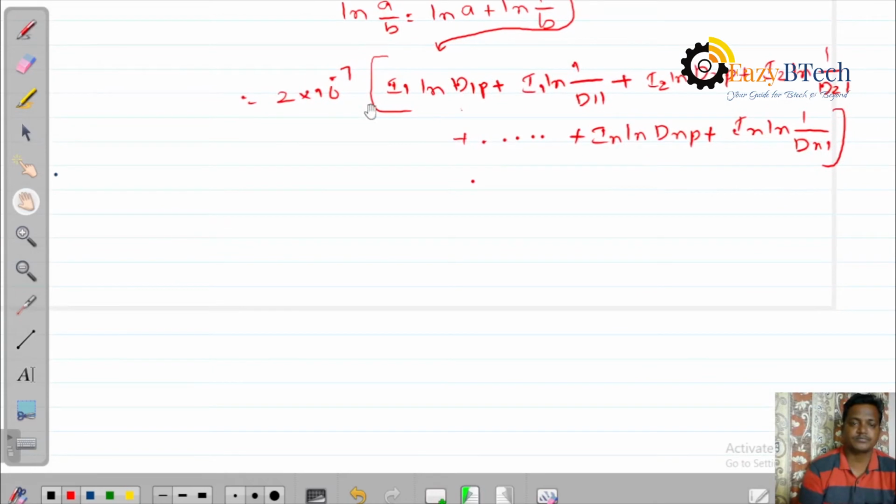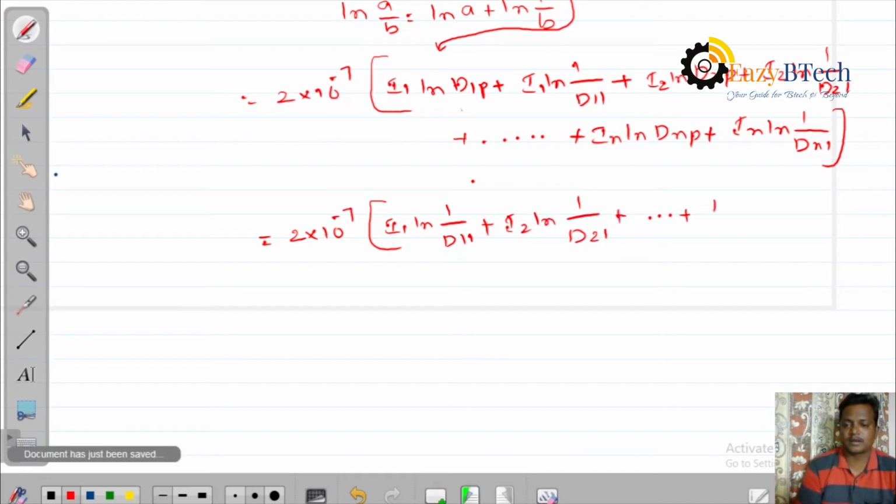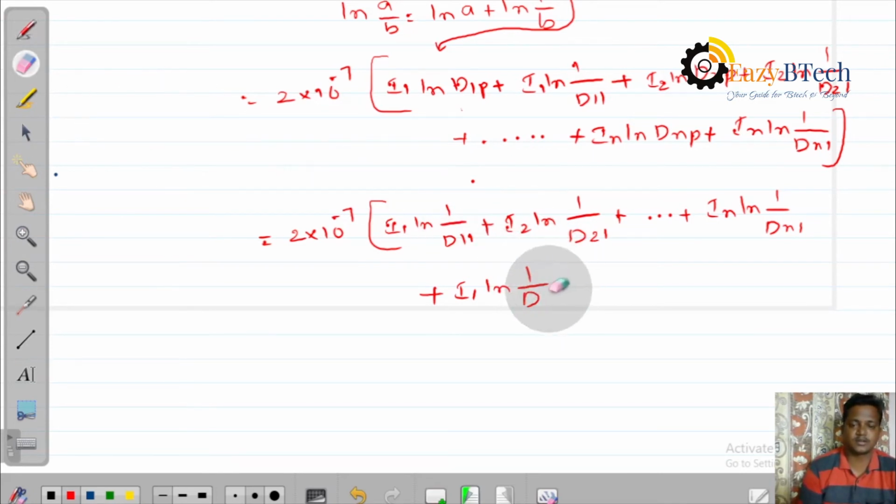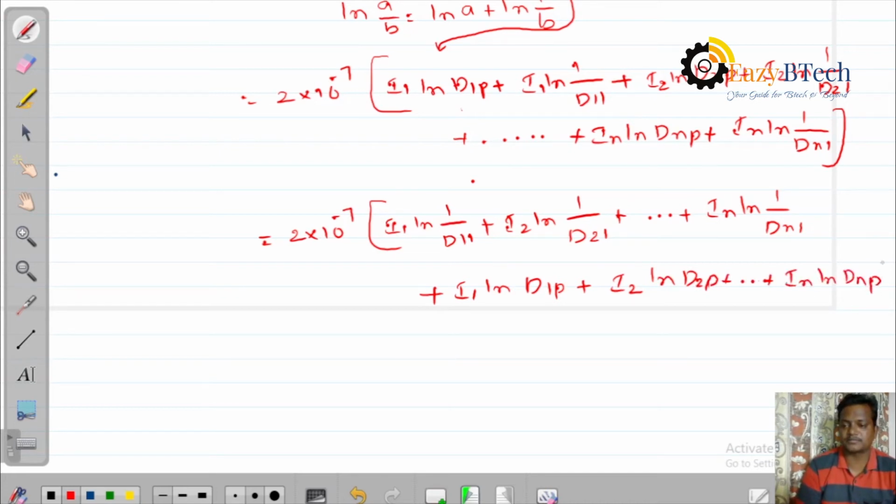Now write all the denominator terms at one place. 2 into 10 power minus 7 I1 ln 1 by d11 plus I2 ln 1 by d21 plus up to In ln 1 by dn1 plus the numerator terms I1 ln d1p plus I2 ln d2p up to In ln dnp. Okay, this is the expression.